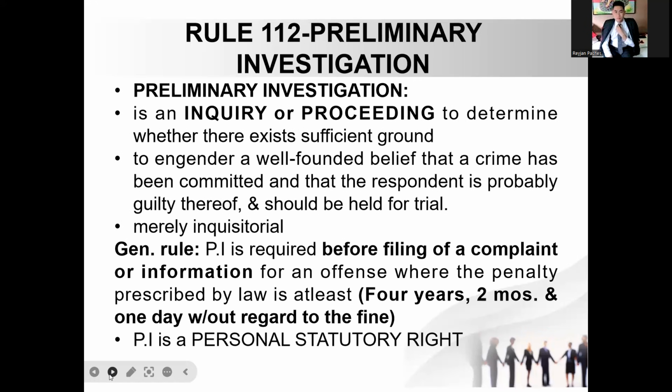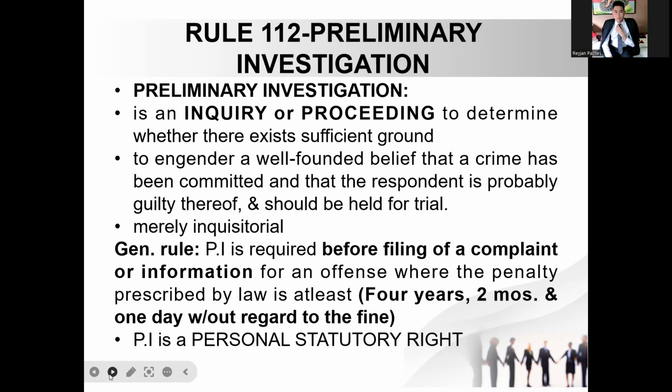Tandaan nyo lang ang term na inquiry. Ibig sabihin, it is an inquiry or proceeding to determine there is a sufficient ground whether or not there is a probable cause. Kasi naman, ang hinahanap talaga ng PI class is probable cause. Kaya hindi ka makakuha ng probable cause kung hindi nag-conduct ng PI ang tinatawag natin na public prosecutor or yung prosecutor. Okay?